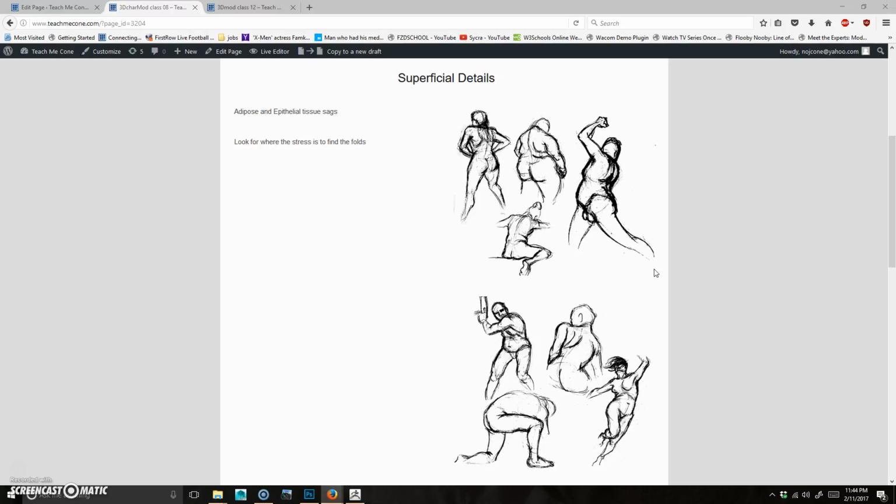So anyway, the one is very hard, and then muscle is less so. And then when you go from there is the adipose and epithelial. Those are looser. And so basically we'll notice that those are very privy to gravity and stress.